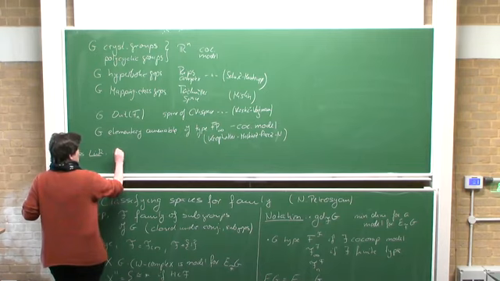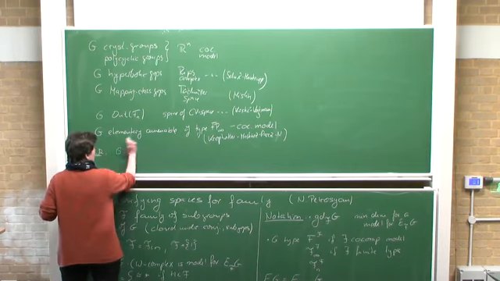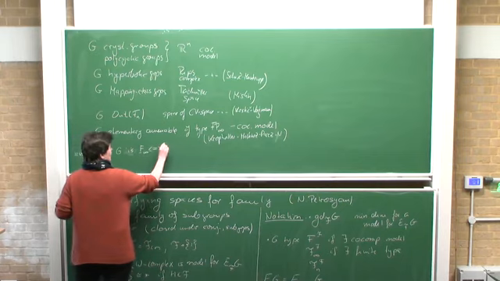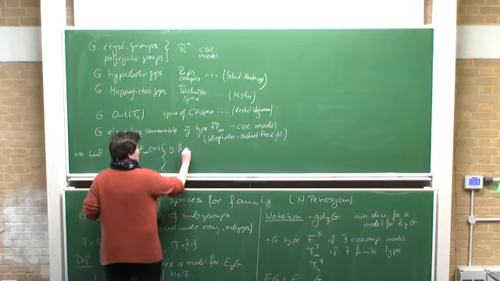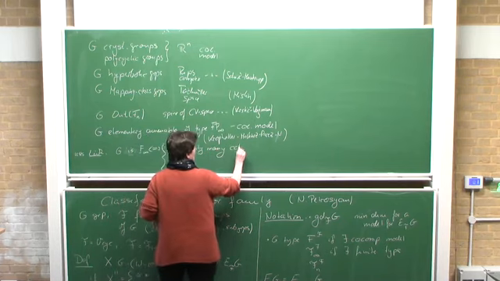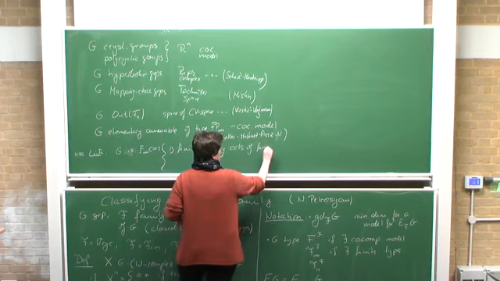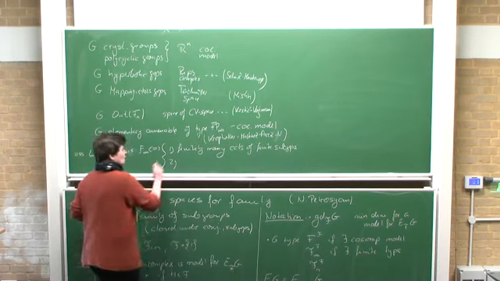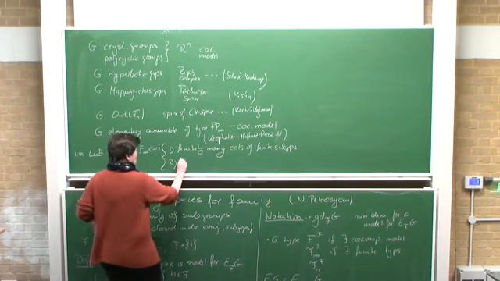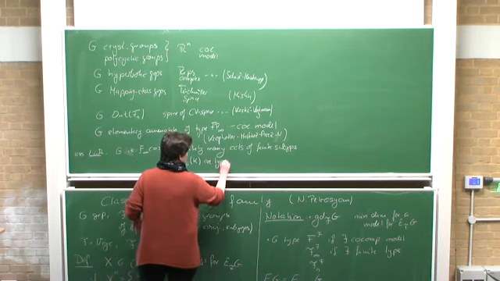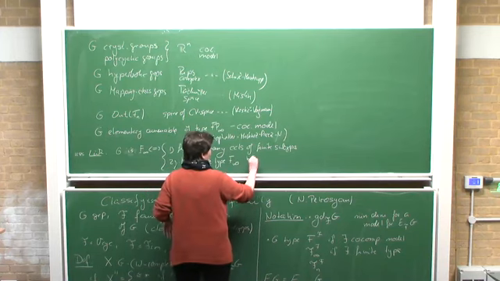So G is of type F bar infinity if and only if we have those two conditions: there are finitely many conjugacy classes of finite subgroups, and secondly, we ask that centralizers or normalizers of finite subgroups are of the ordinary type F infinity.